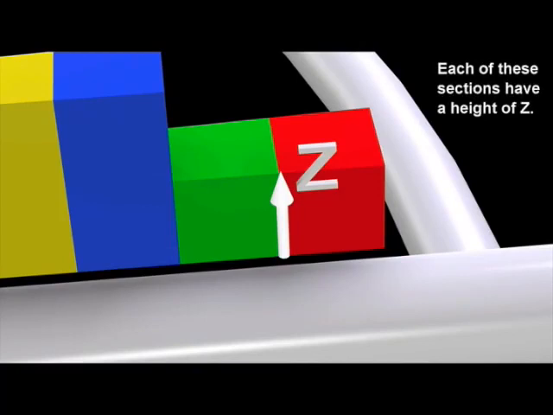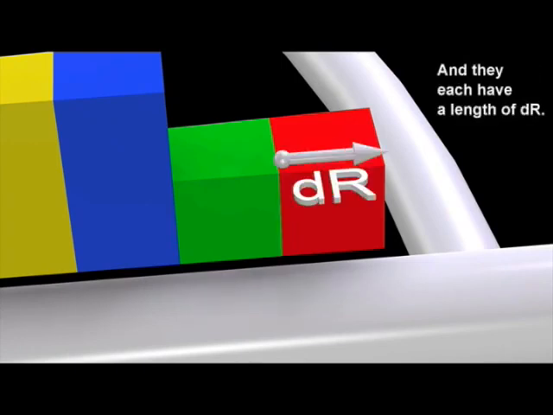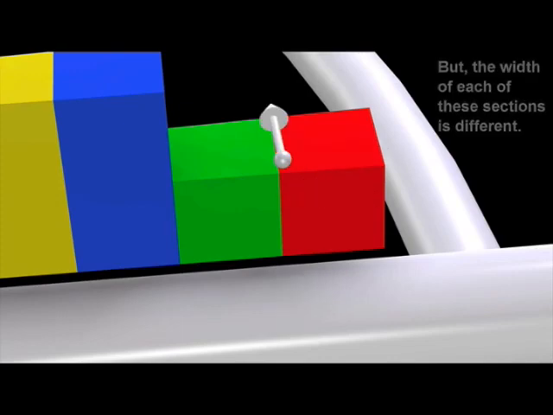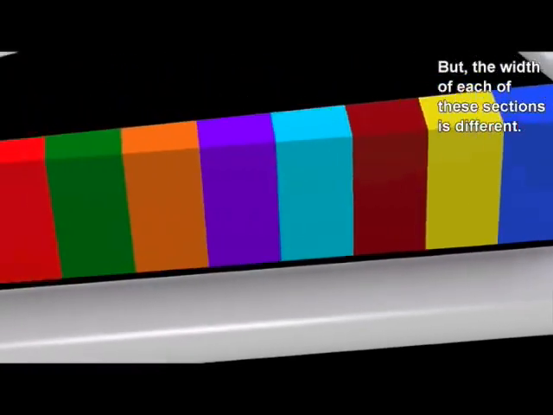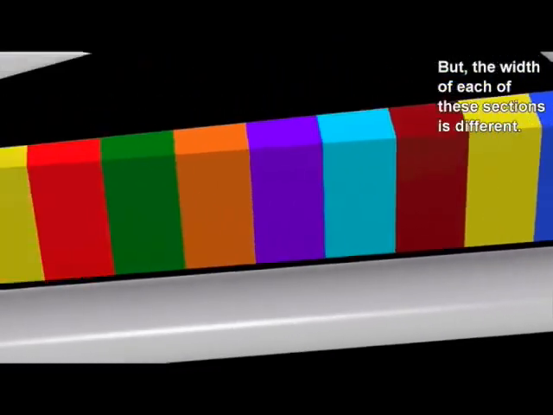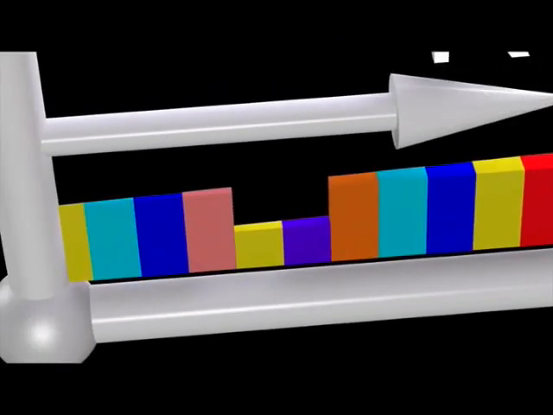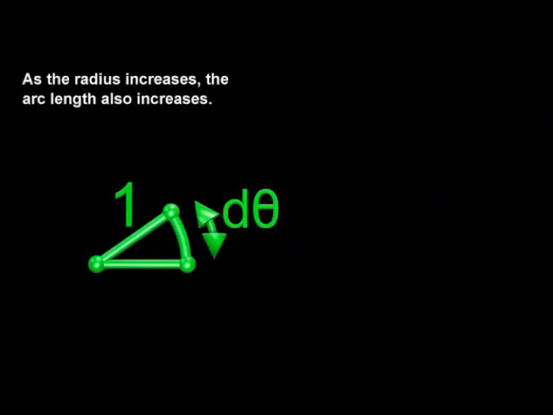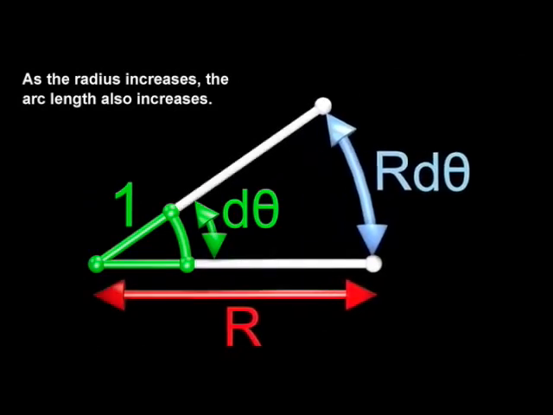Each of these sections have a height of z, and they each have a length of dr. But the width of each of these sections is different. As the radius increases, the arc length also increases.